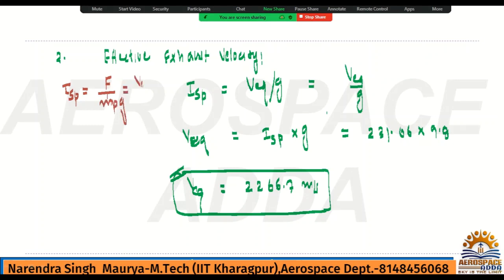F is nothing but V effective into m dot p, divided by m dot p into G. M dot p cancel out. So what you will have? You will have ISP is equal to V effective by G. So you use that formula, okay? It is very tough for me to remember the formula, but anyway. Alright, so this second value you have calculated.